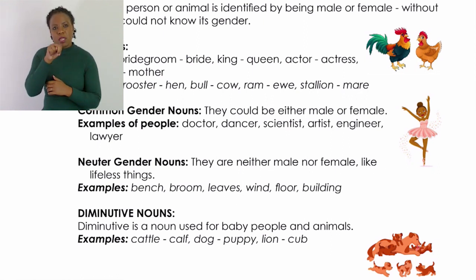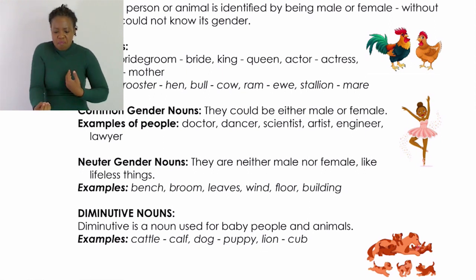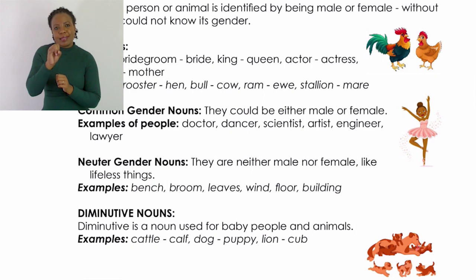Diminutive nouns are used for baby people and animals, or we can safely say the young ones of people and the young ones of animals are called diminutive nouns.